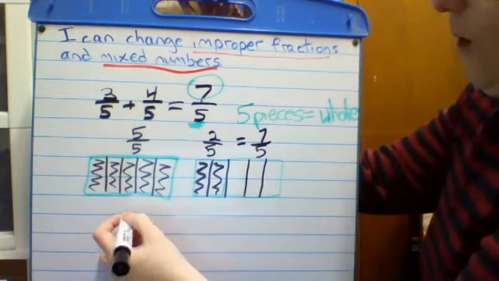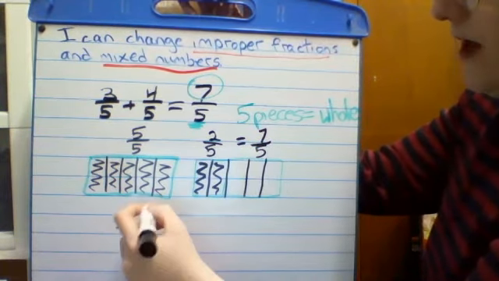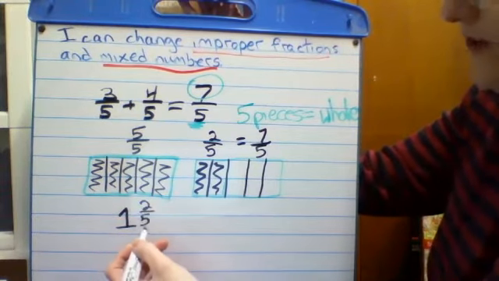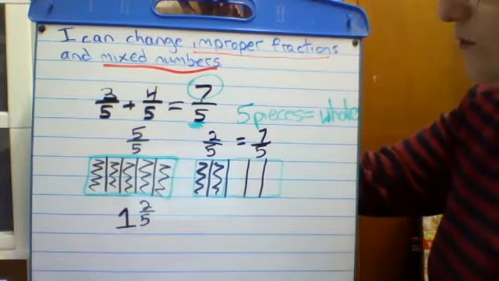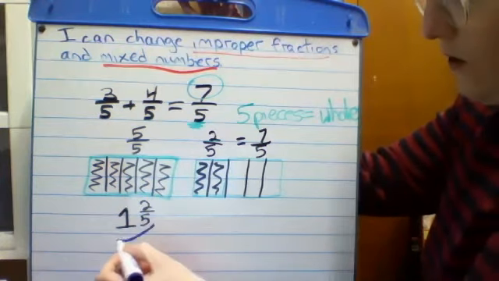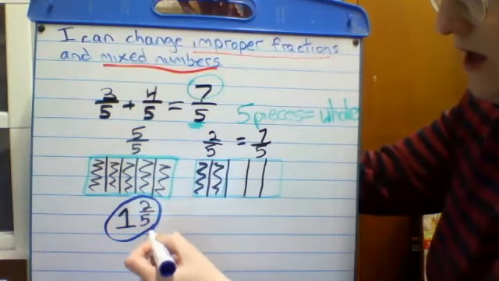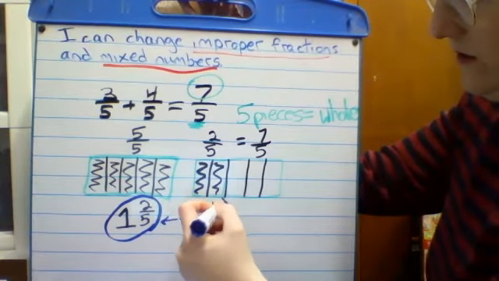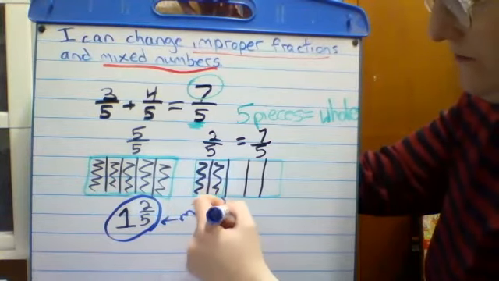So I have a whole and I have 2/5, 1 and 2/5. This is what's called a mixed number. A mixed number has both a whole number and a fraction. This is a mixed number.